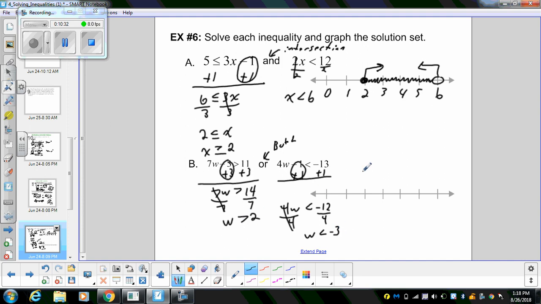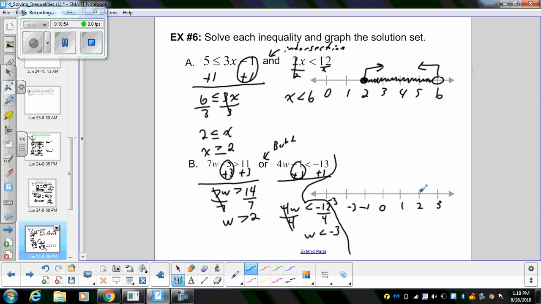Okay, so if I work this out, we take the 0, 1, 2, 3, negative 1, negative 2, negative 3. I have w is greater than 2, so I'm going to go to 2.